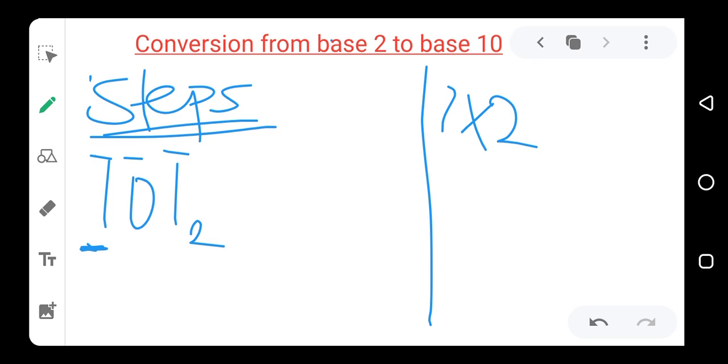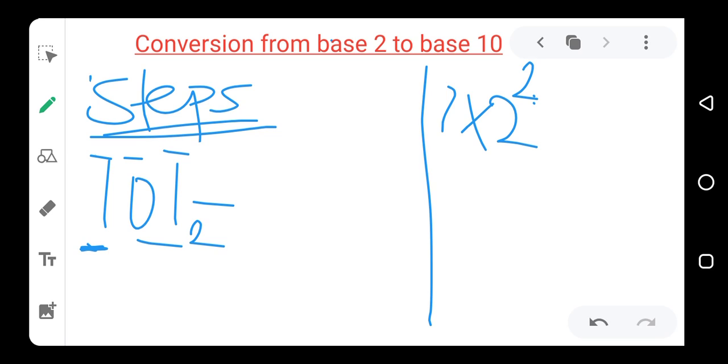So we count the ones that are after it. That is 0 and 1. So we have two numbers after the one we are working with. So we write 2 raised to the power of the number of digits after it. We have two numbers after the first one, which is 2 raised to power 2.